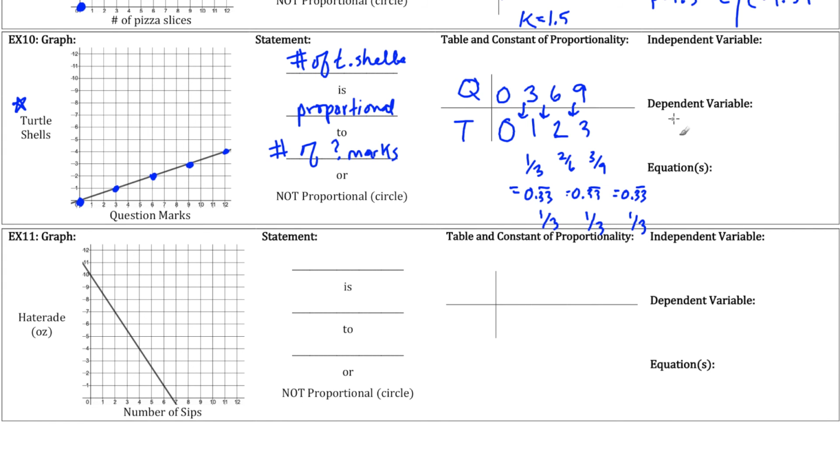So dependent variable, the one we care about, our topic, is the number of turtle shells. The number of turtle shells is dependent on the number of question marks.